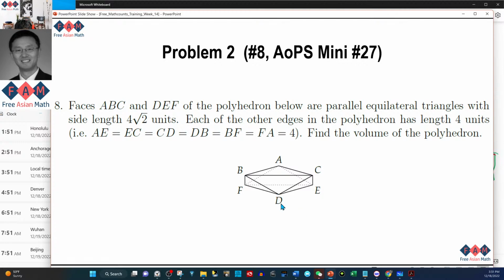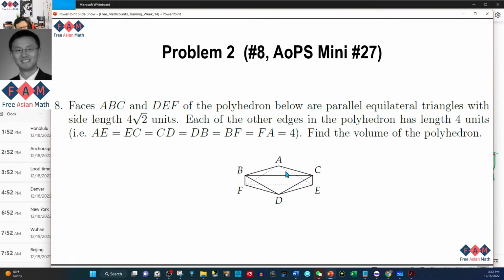So D looks like it's toward us, while A is away from us. And we know the side lengths of both equilateral triangles. That is 4 times square root 2. But the next statement says that each of the outer edges in the polyhedron has length 4 units. In particular, AE.